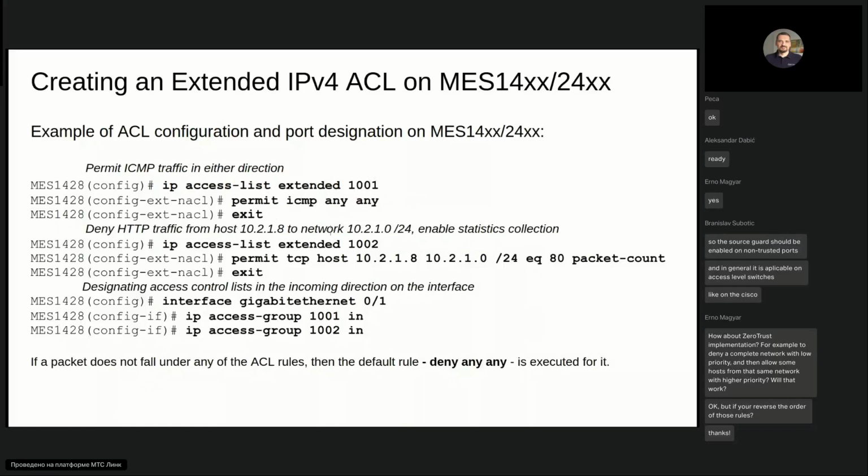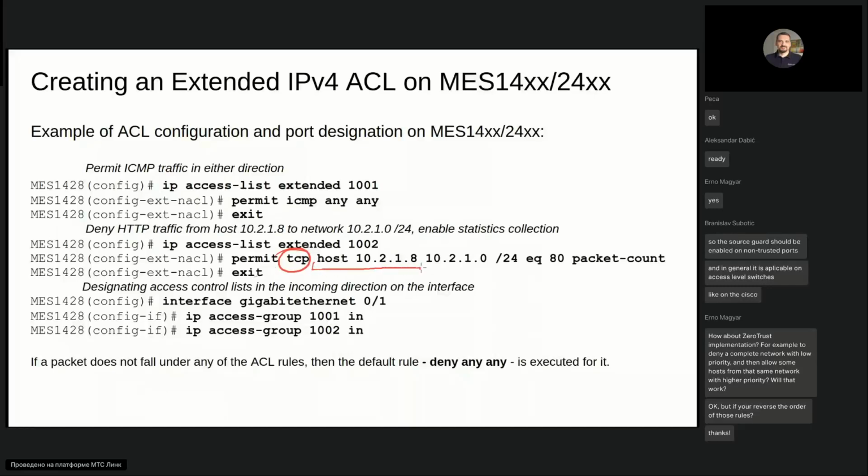So we are doing like this. IP access list extended, the number of the ACL, permit ICMP any. That's simple. We are allowing all the ICMP traffic. Exit, another ACL or another ACE. IP access list extended 1002. Permit TCP, host, and so on. But here is the difference.